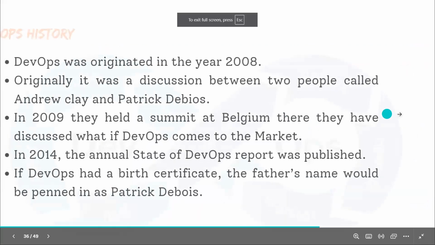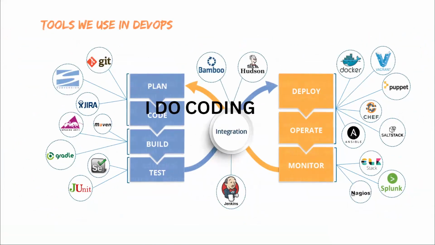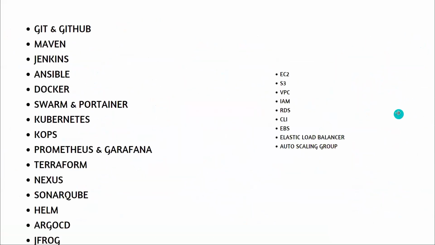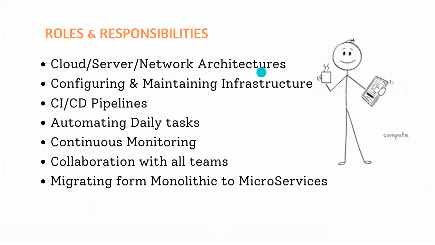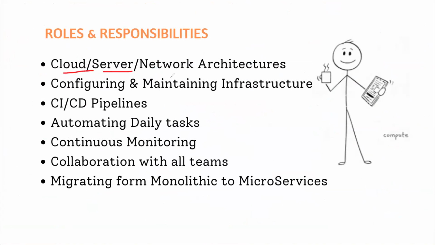But before that, whether you are a DevOps engineer, a developer, or a tester, it doesn't matter. First of all, you need to understand something called architectures. We need to understand cloud architecture, server architecture, and so on.